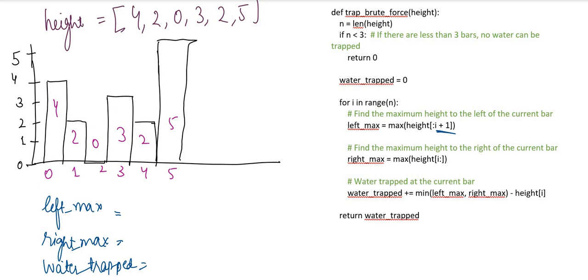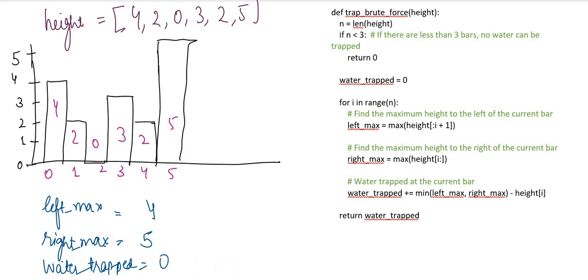So when we check the left max for the 0th index, we check including the 0th index, from left till 0. The left maximum will be 4, including 4 towards the right the maximum is 5, and water trapped will be the minimum of left and right max, which is 4, minus the height of 0. The height at 0 is 4, so water trapped is 0.